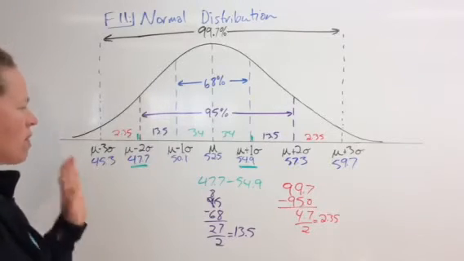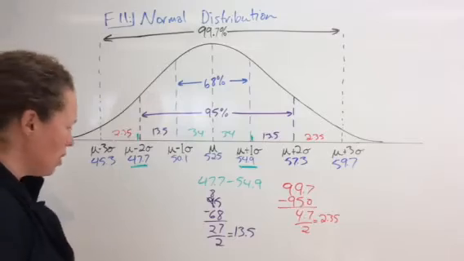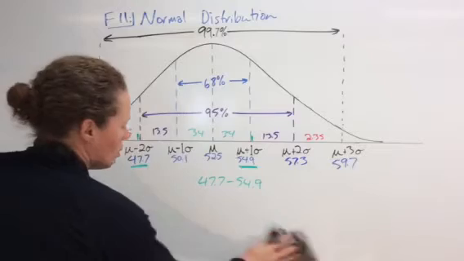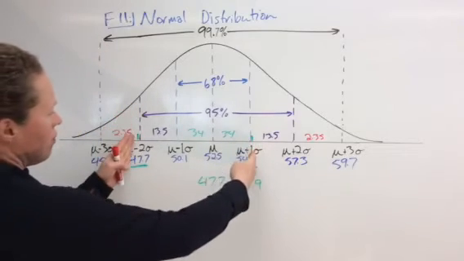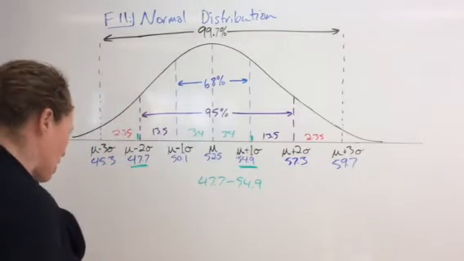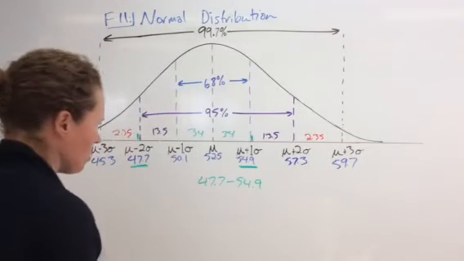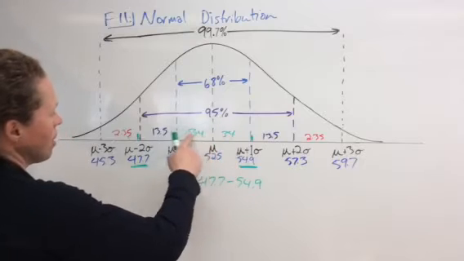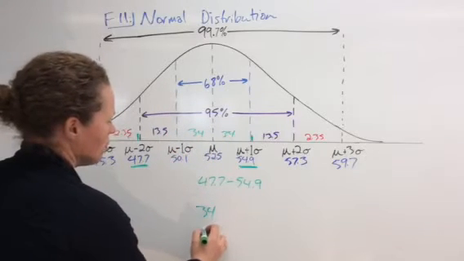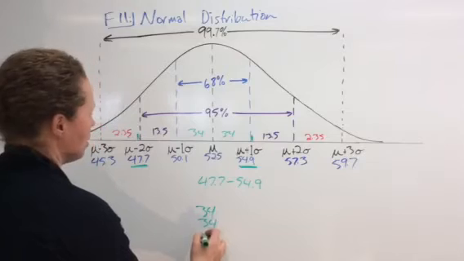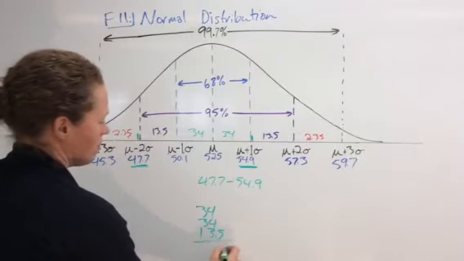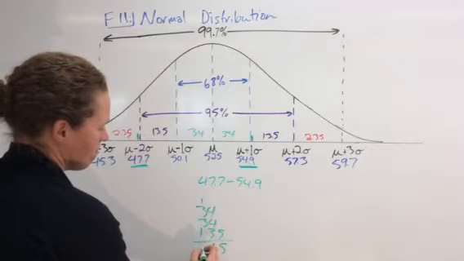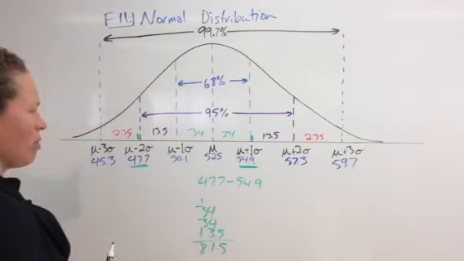All right, so for this particular question, I'm going to get rid of this junk here. They wanted to know how much of the data falls in here. So they're actually just asking for the percentage. You don't have to do any other fancy calculations. So all we got to do is go, okay, well, this counts, and this counts. So 34 plus 34, which I already know is 68, plus 13.5 is 81.5%.